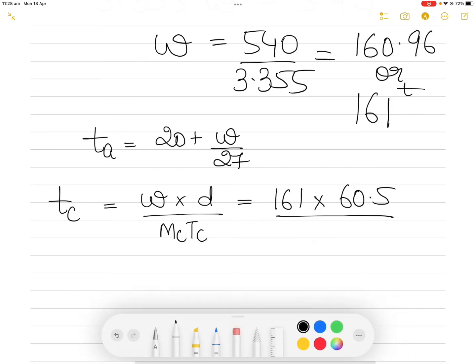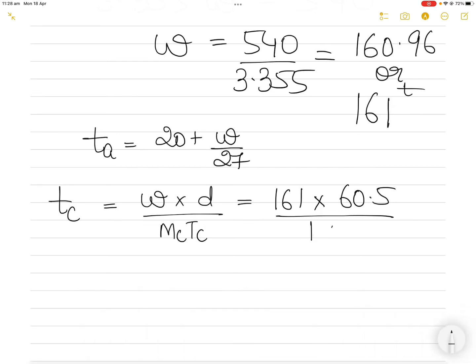Again, I'm excited. The answer you will get is the overall change in the trim will be 0.5411. Is that right? Just let me check again. 161 multiplied by 60.5, I don't want to give you any wrong answers.